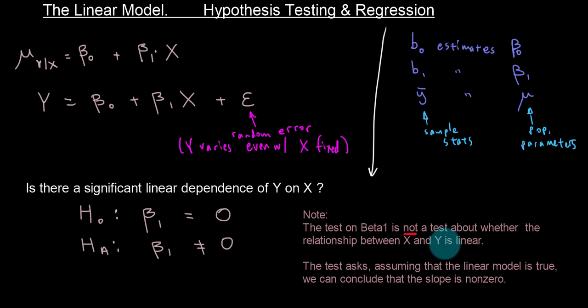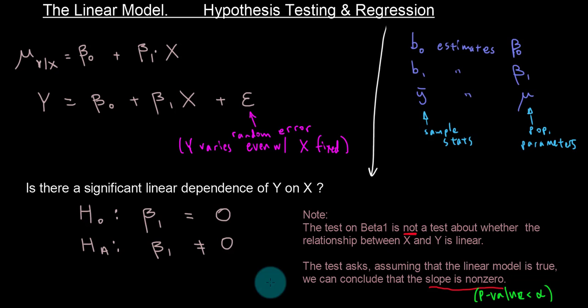So we're not testing if x and y follow a linear relationship, but just that their slope is not 0. And we can conclude a non-zero slope when we reject the null hypothesis, right? So when we obtain a p-value that is less than alpha.